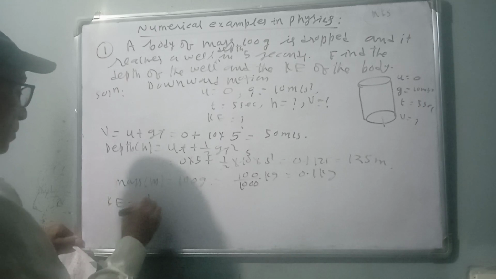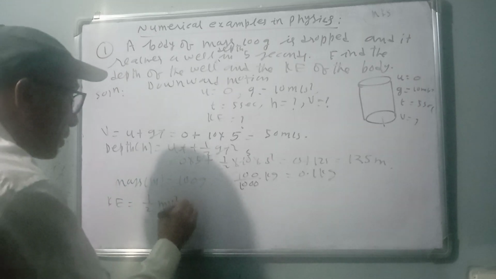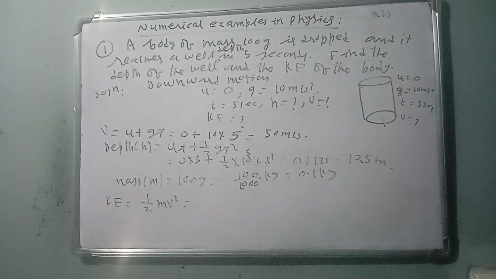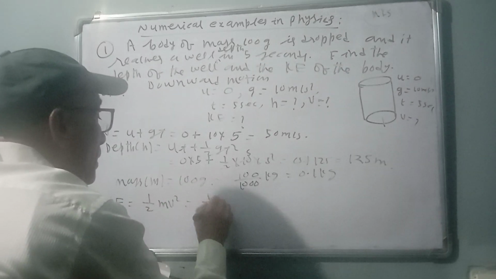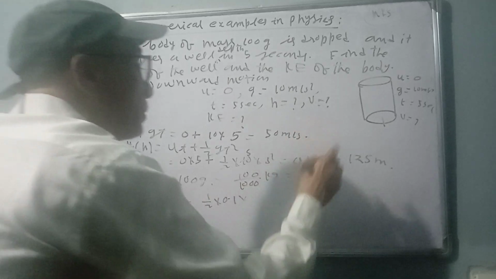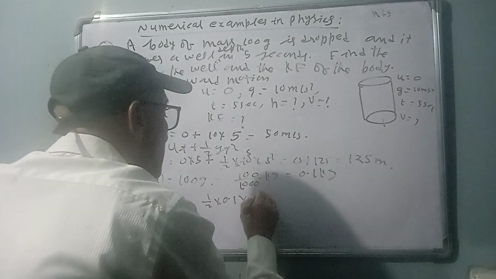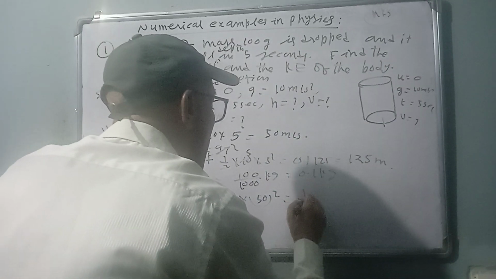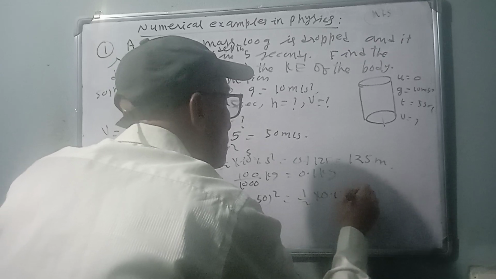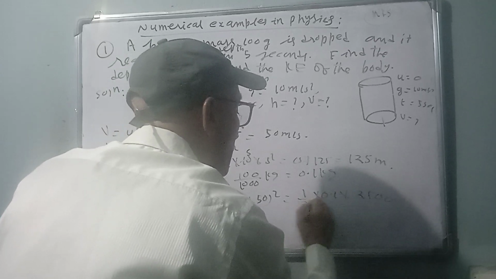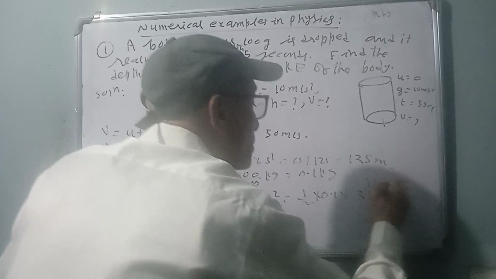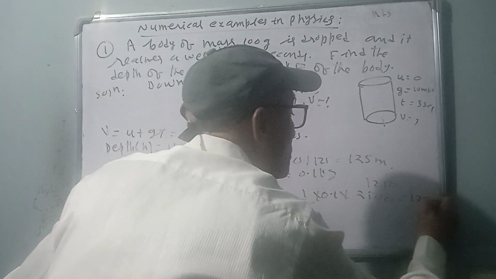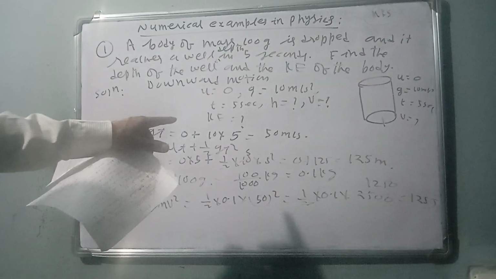Kinetic energy formula is half mv square. This you must remember. Half into 0.1 into 50 whole square. Half into 0.1 into 2500, which gives 125 joule.